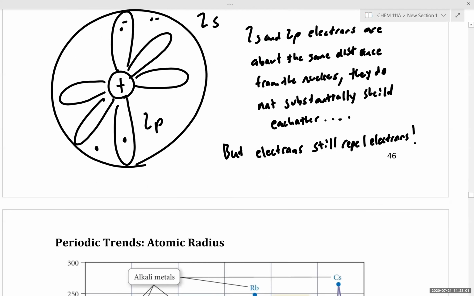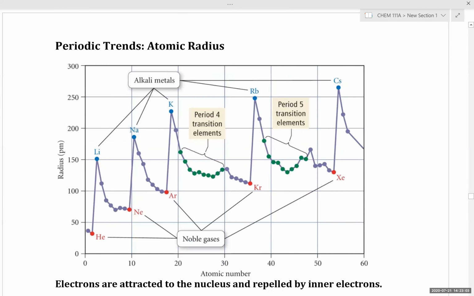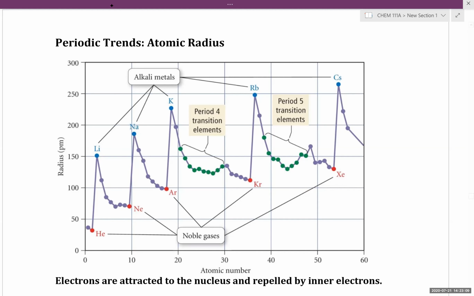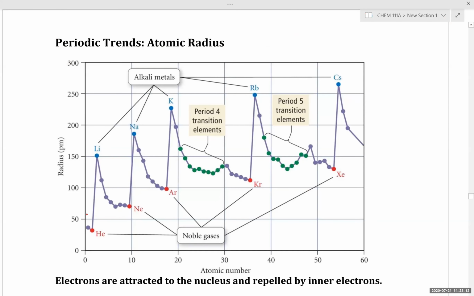Okay, so let's look at periodic trends for atomic radius. Here's a chart for atomic radius, and I'm just going to put some labels: n equals 1, n equals 2, n equals 3, n equals 4, n equals 5, n equals 6.